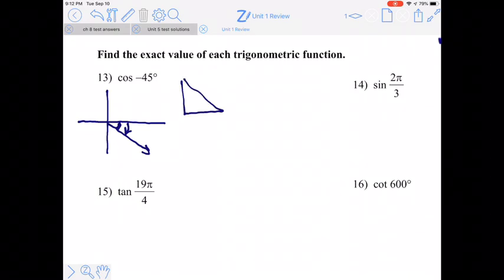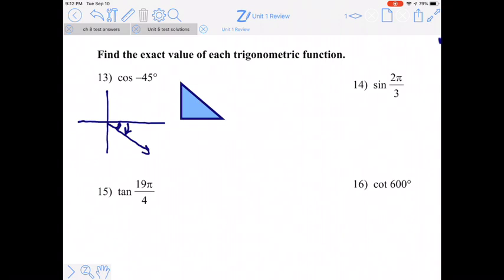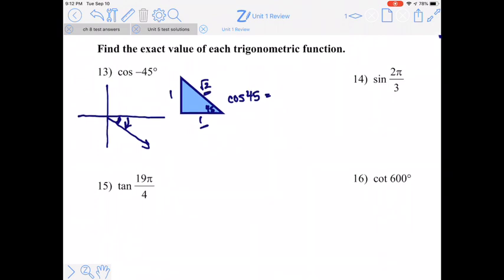So what we need to consider is the 45, 45, 90, which has side lengths of 1, 1, square root of 2, and then cosine of the reference angle is the adjacent length divided by the hypotenuse. And then you need to remember that in quadrant 4, the cosine is positive.